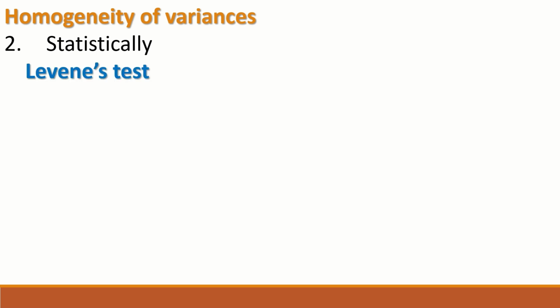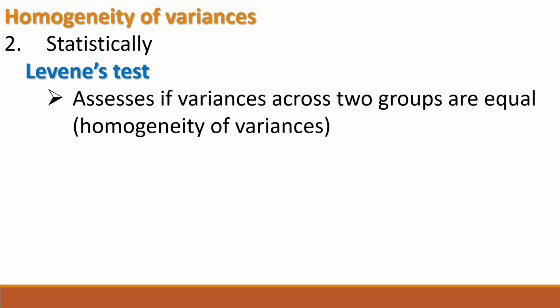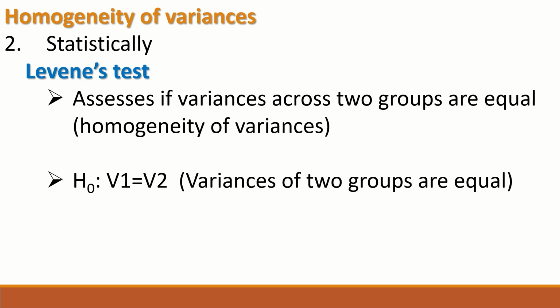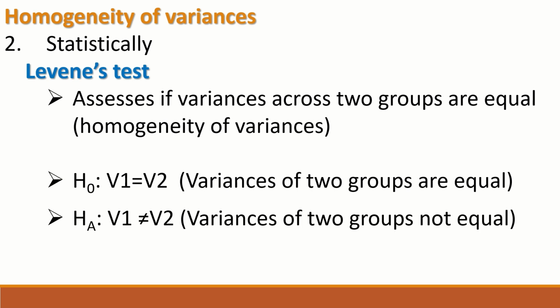A second way is a statistical method using Levene's test for homogeneity of variances. The test will assess if the variances across two groups are equal, which means homogeneity of variances, by generating two hypotheses. The first, the null hypothesis, states that the variances of the two groups are equal. The other, the alternative hypothesis, states that the variances of the two groups are not equal.